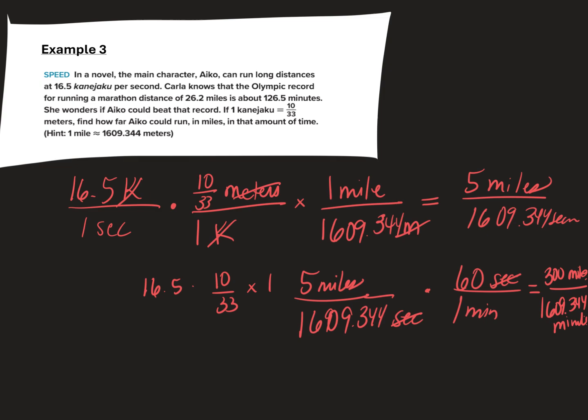So the next thing I would do is get Aiko's rate in miles per minute, and the given time, into the formula and simplify. So I'm going to take 300 miles, this is a lot, 300 miles over 1,609.344 minutes.